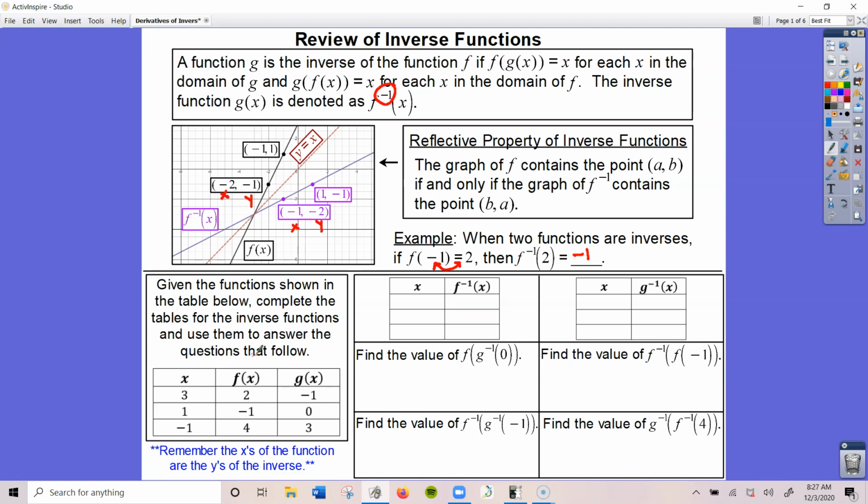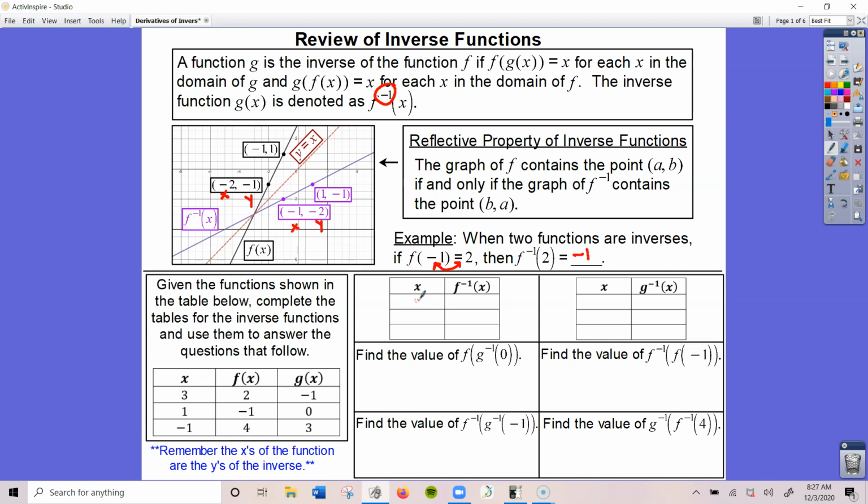So we're going to use this chart of x values, f of x values, and g of x values to see if we can answer some of these questions. If I was trying to fill in this chart for the inverse of f, then that means that the y values of f of x are now the x values.